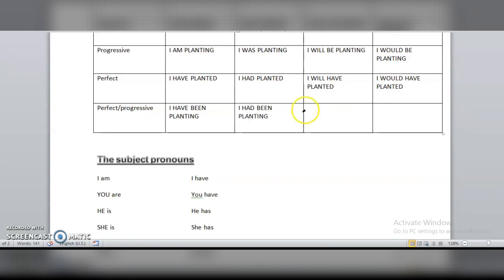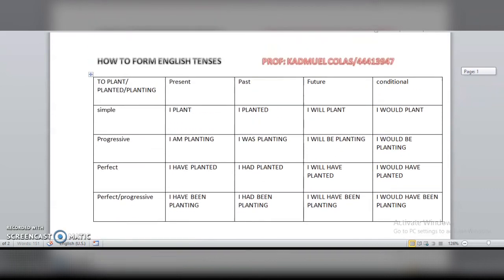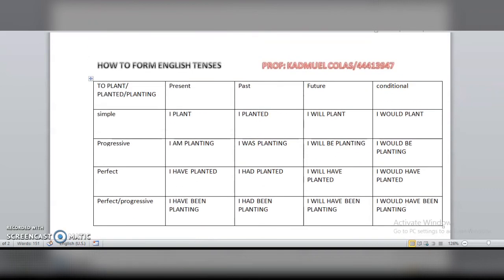The future is I will have been planting, and the conditional, I would have been planting. Okay, good.